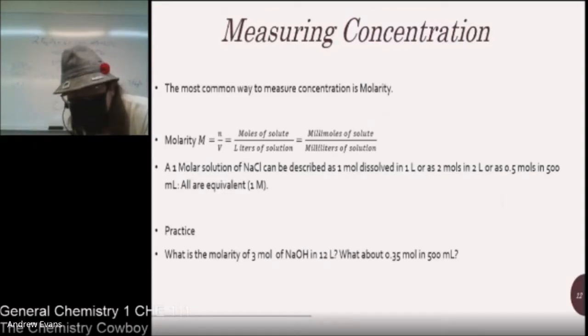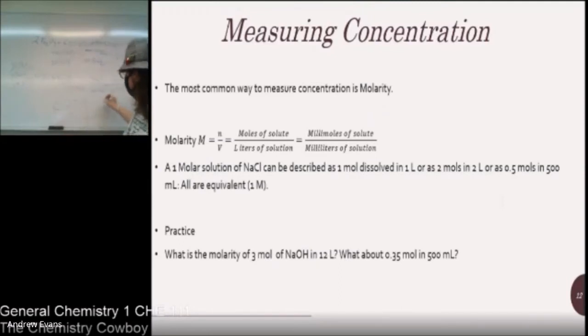What if I put 0.35 moles in 500 milliliters? Well, that'd be 0.35 divided by 0.5, or the second one would be 0.7 M. It's 0.35 divided by 500 milliliters.